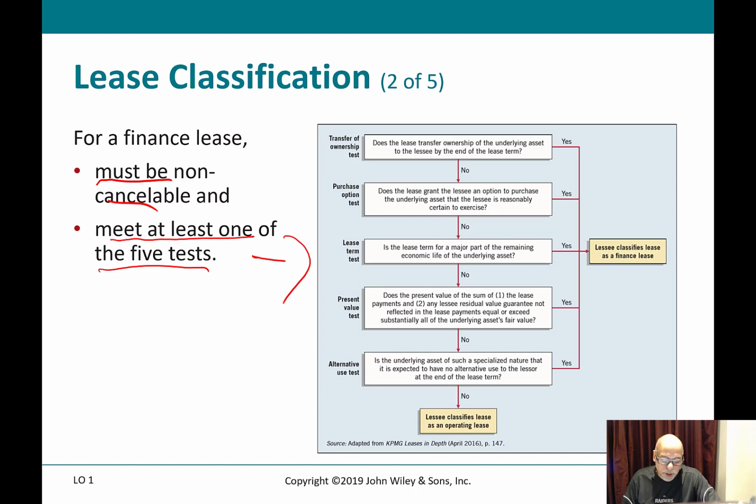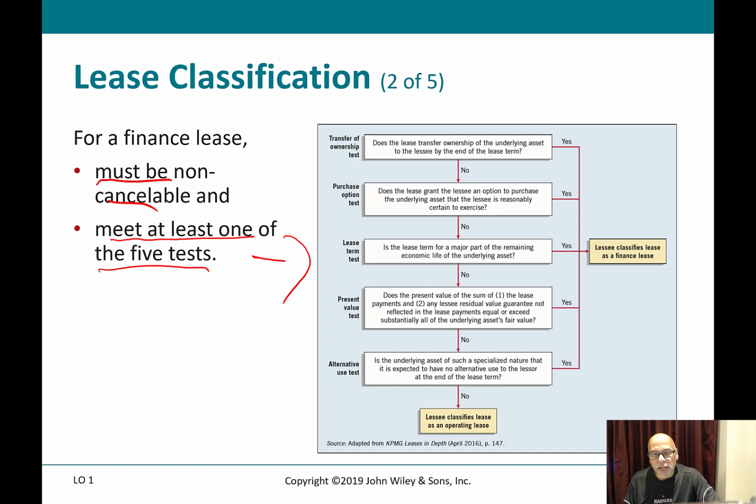Next option. Okay, we only have to meet one of these. Does the present value of the sum of the lease payments and any lessee residual value guaranteed, any lease residual value guaranteed not reflected in the lease payments equal or exceed substantially all of the underlying asset?